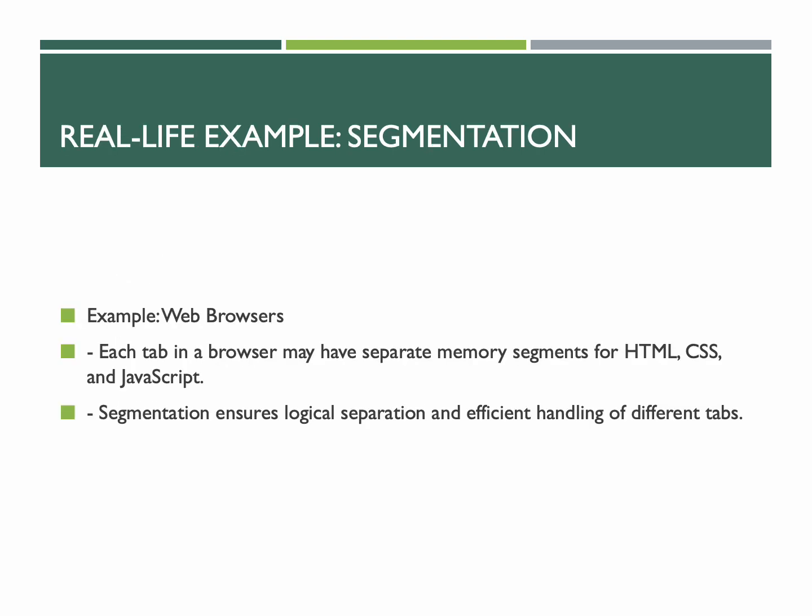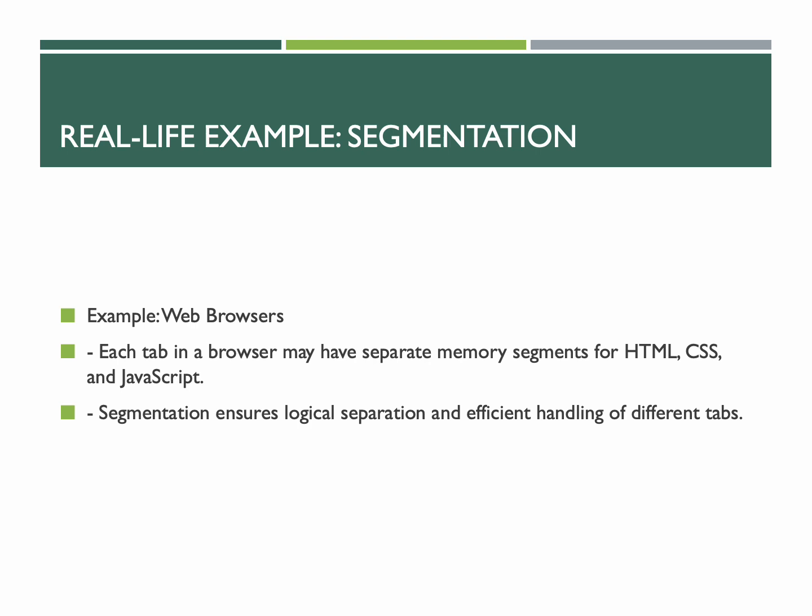Okay, let's see a real world example here. In modern web browsers, each tab you open represents a separate process, and within each tab, memory is divided into logical segments. Say the HTML segment, CSS segment, JavaScript segment; these are the code segments.